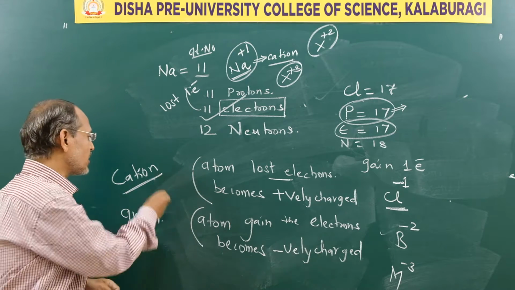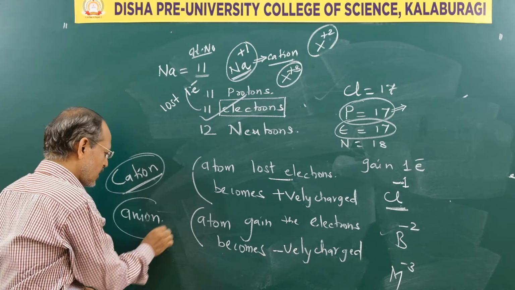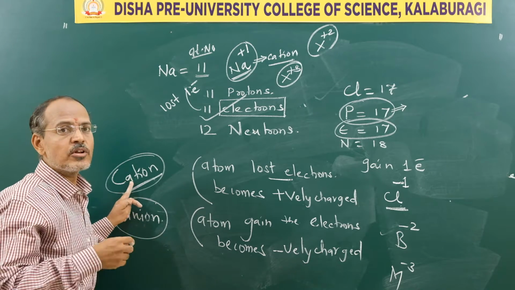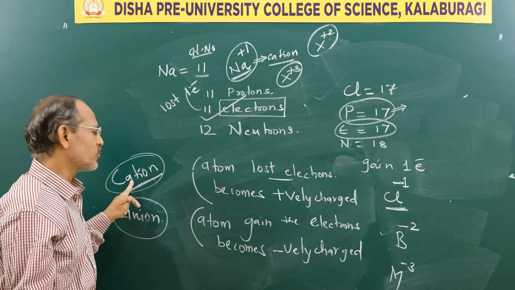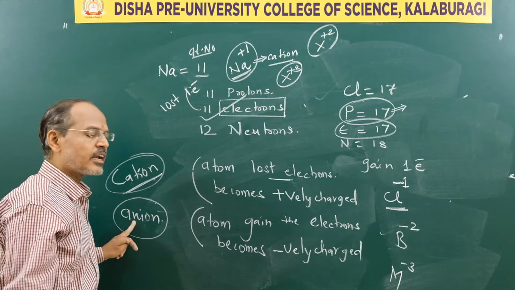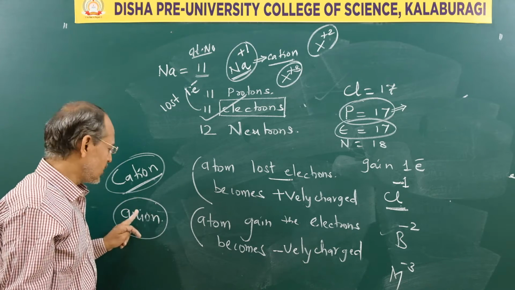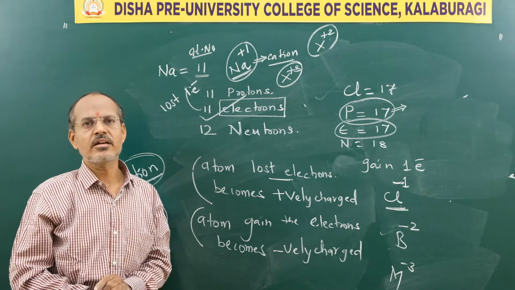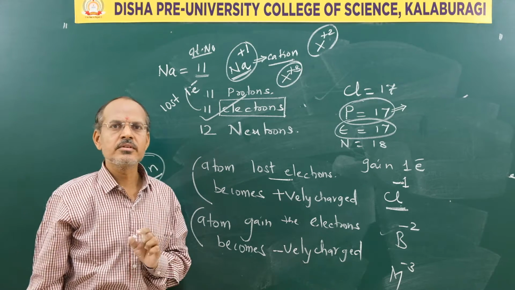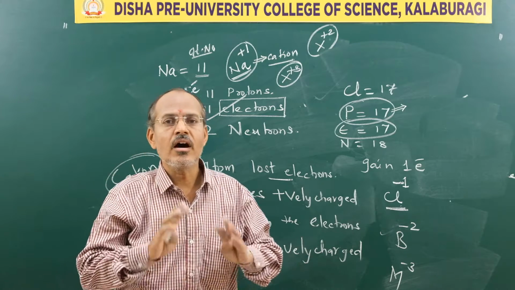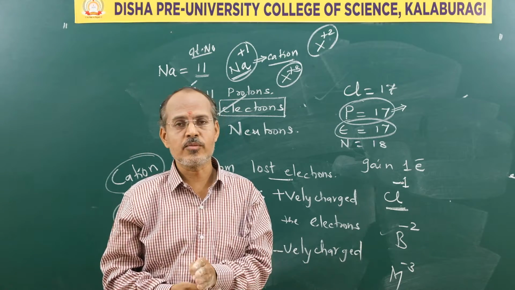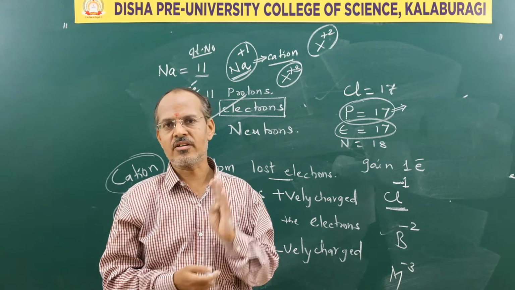Ions are classified into 2 types: cation and anion. If the atom loses electrons, it becomes positively charged, and we call it a cation. If the atom gains electrons, it is called an anion. I'll repeat. An atom, after the loss or gain of electrons, becomes electrically charged.